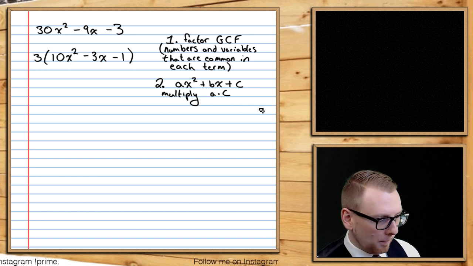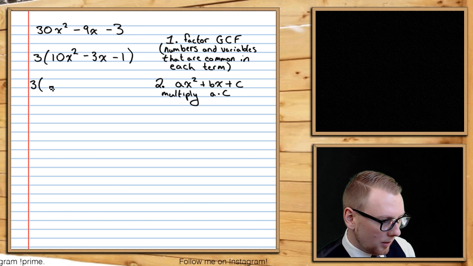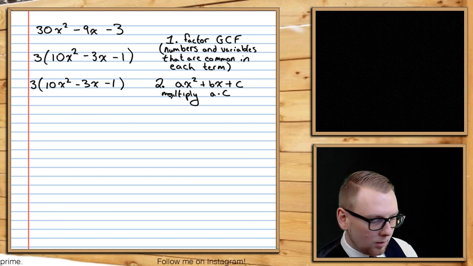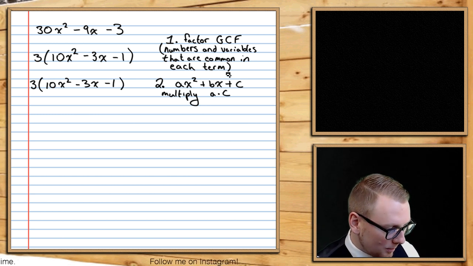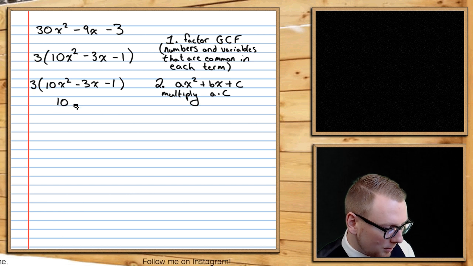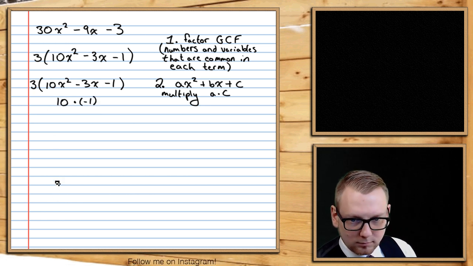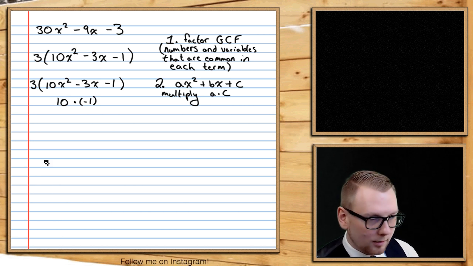Okay. So for us, we have 10x squared minus 3x minus 1. So multiplying a times c is multiplying 10 times minus 1. Is that able to follow along there?